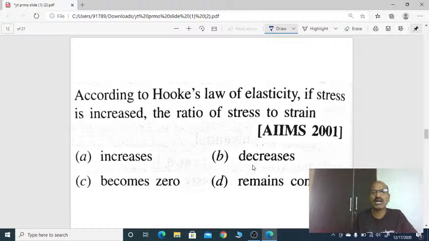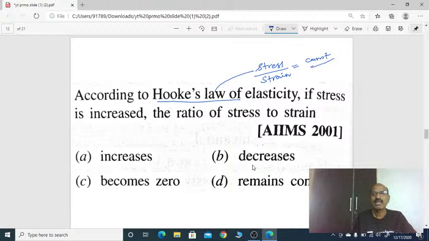According to Hooke's law of elasticity, we all know Hooke's law, stress by strain within the elastic limit, the ratio of stress by strain equals constant. That's it.